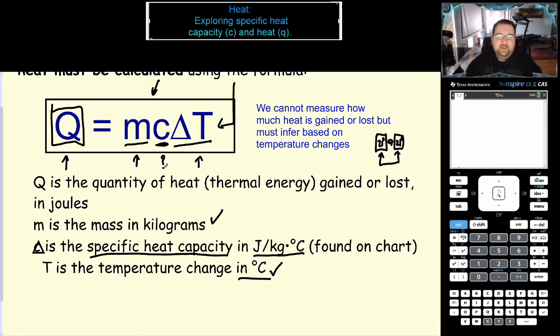You're calculating it, right? If this is the only unknown, then you find it yourself. However, if the question's saying, what's the mass, and it's telling you Q and delta T, well, that means they're assuming that you know C. So you need to refer to the chart, okay?